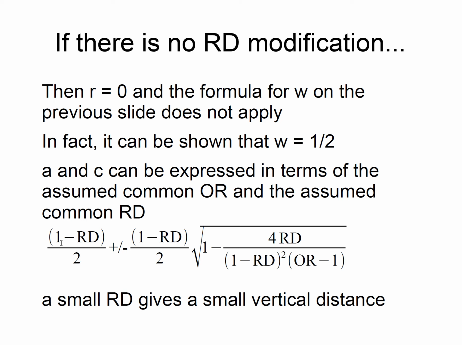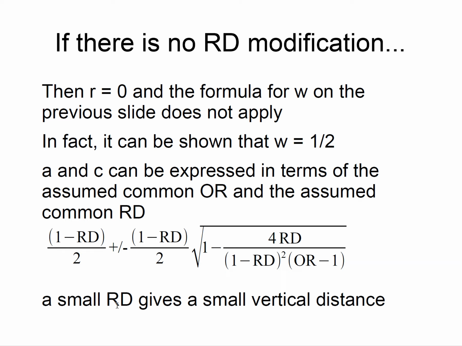And this interesting function, this plus or minus here, if for example C is greater than A, then C gets the plus sign version and A gets the minus sign version.